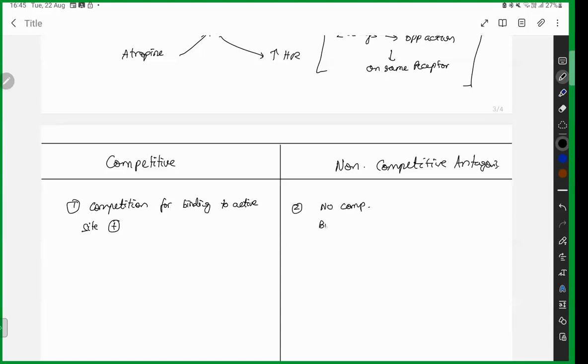It is going to bind at the allosteric site. Second thing, structural similarity has to be present, based upon the liking of the girl. But here, no similarity is needed.